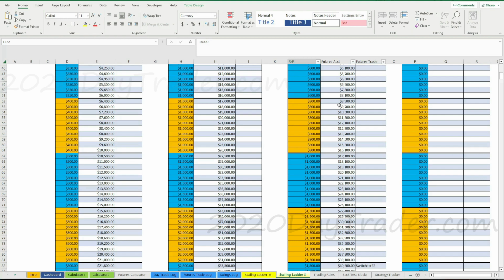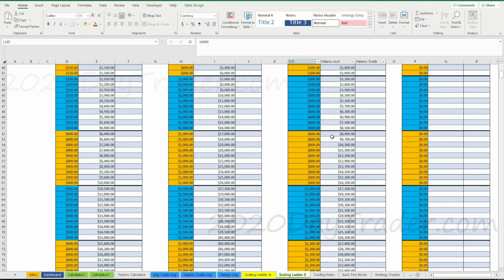Except the good thing is, because of the scaling ladder, it's not my money. I'm so far away from my money of 1,700 that it's not nearly going to be as bad. But if I was risking 800 of my own money and I only had like $3,000 in my account, that's going to freak me out a bit. It's going to be hard to make proper decisions and not let my emotions get to me. It's going to be scary.